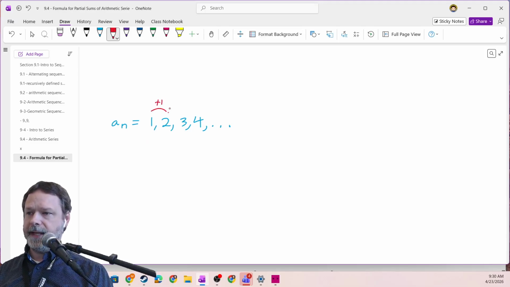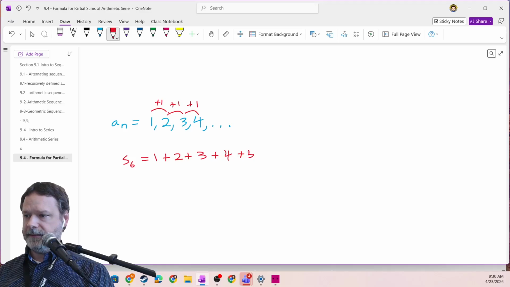It is arithmetic because we go +1, then +1, then +1, and so on and so forth. So I'm going to be adding the first 6. So S sub 6 is going to be 1 plus 2 plus 3 plus 4 plus 5 plus 6.